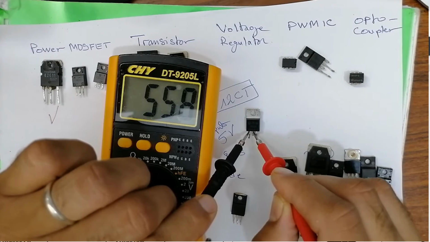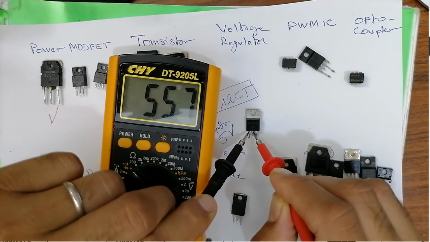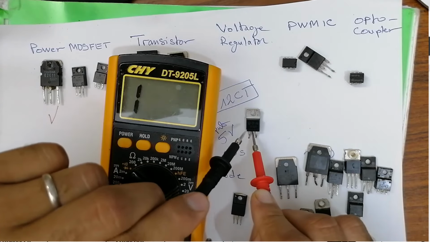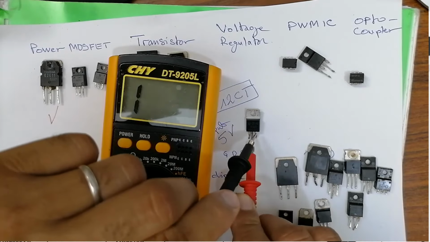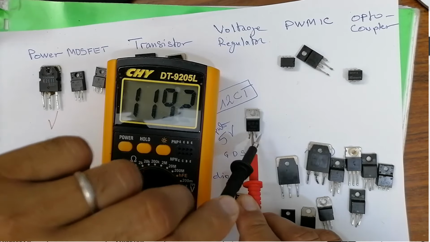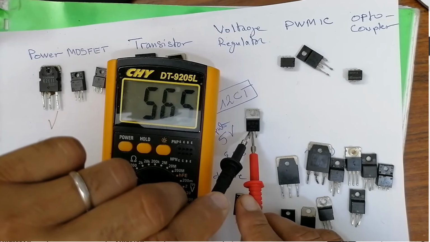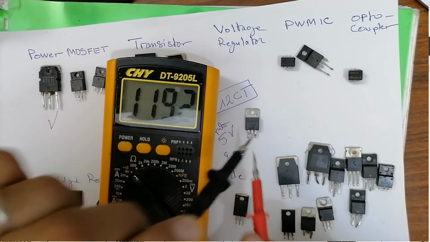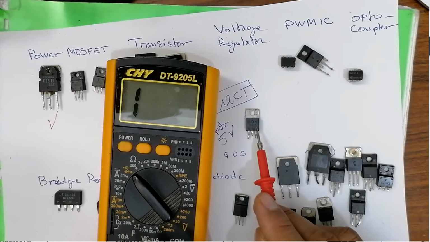This is not a diode, this is a value, 557. If I move the black probe to the output, I should get a double value. Let's check. As you can see, 1190. Here I should get a double value, which means this is a good voltage regulator.